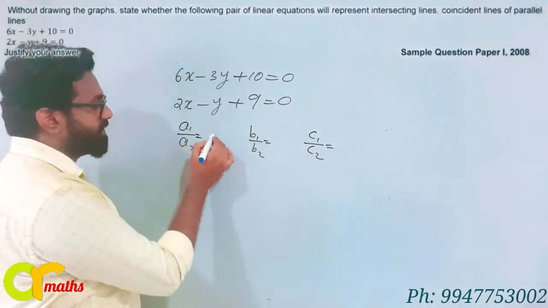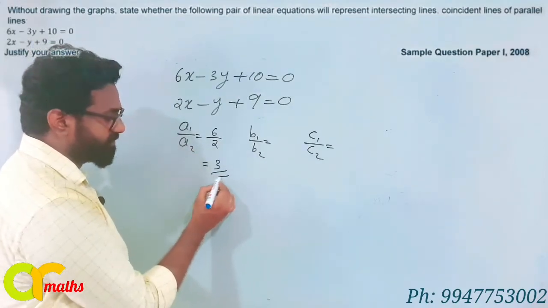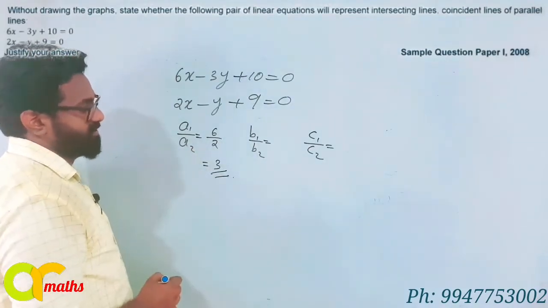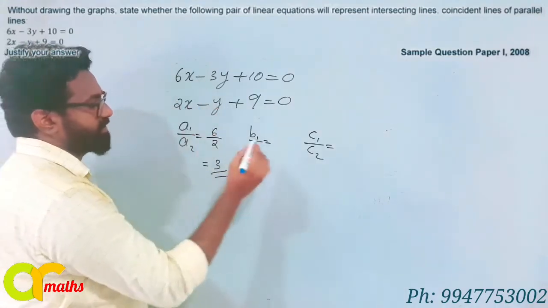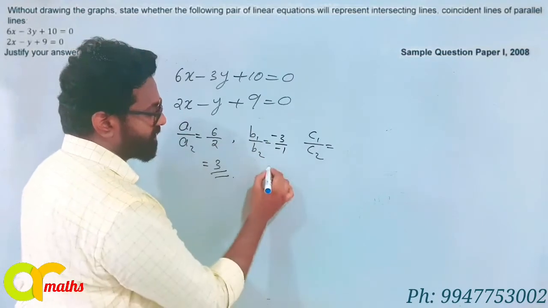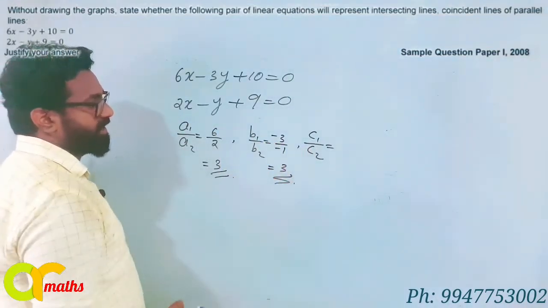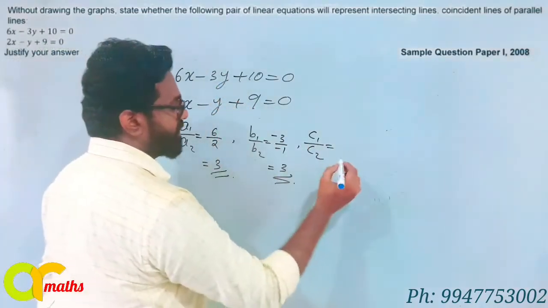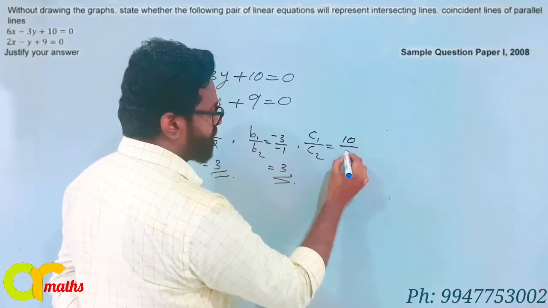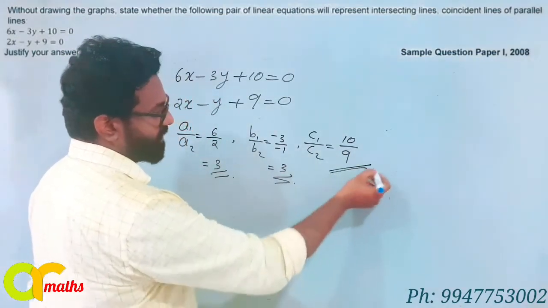Okay. What is a1 divided by a2? 6 divided by 2 is 3. Next, b1 divided by b2: minus 3 divided by minus 1, that is also 3. Next, c1 divided by c2: 10 divided by 9. Can you cancel? No. So 10 divided by 9.